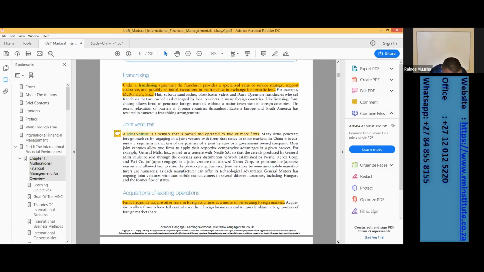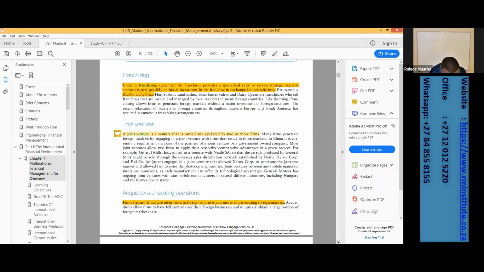Like, for example, you look at McDonald's or Pizza Hut and all these other companies as well, where they establish the franchise, and the company that is selling the franchise is the one that's going to help set up the operations, and then they are going to pay those periodic fees as well. So you see that this also allows a lot of growth when it comes to international trade as well.